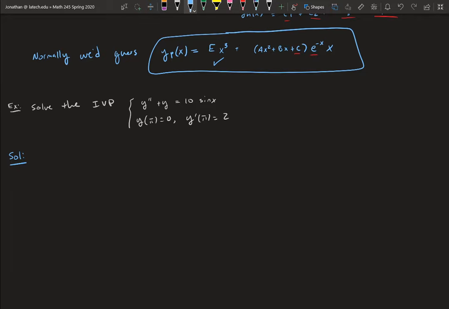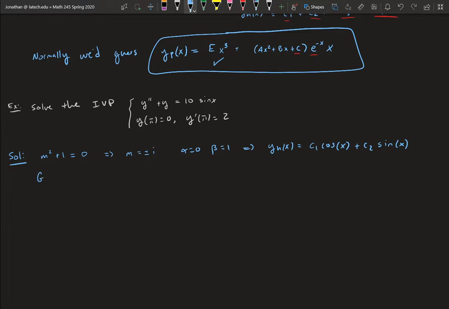We have to find the corresponding homogeneous solution. So m squared plus 1 equals 0. That tells me m is equal to plus or minus i. So that's alpha equals 0, beta equals 1. So our homogeneous solution yh is going to be C1 cosine x plus C2 sine x.